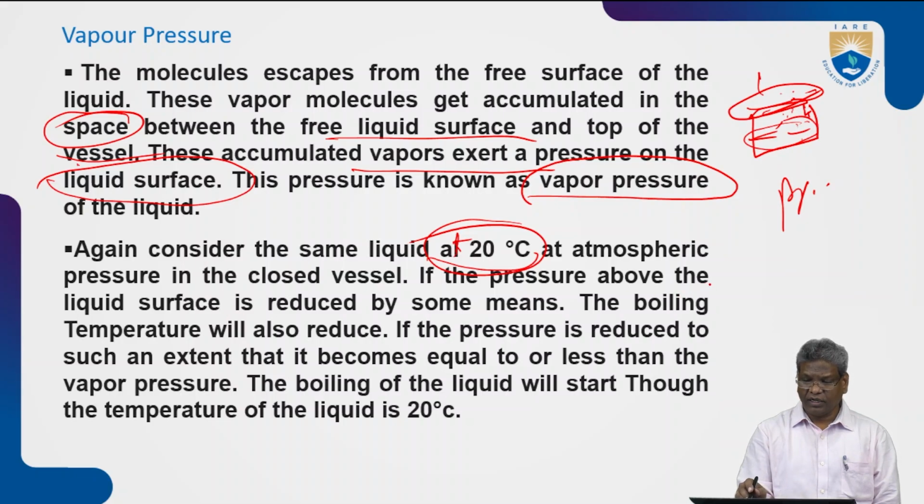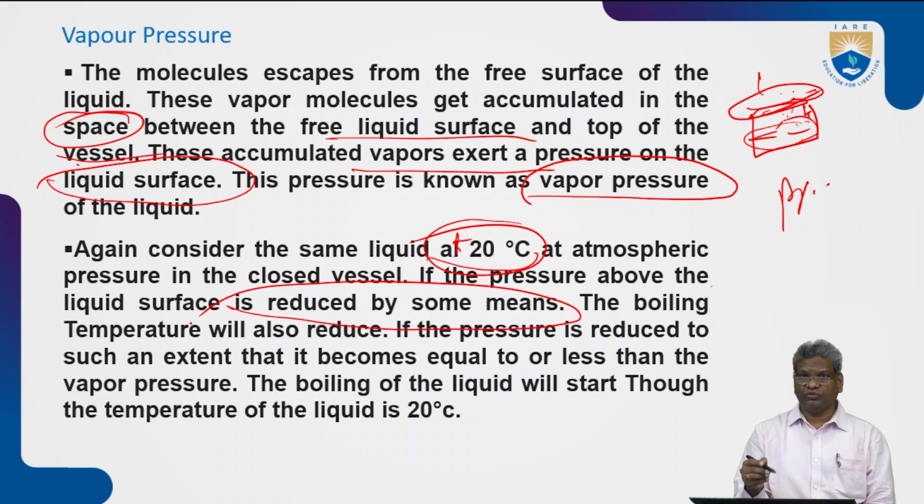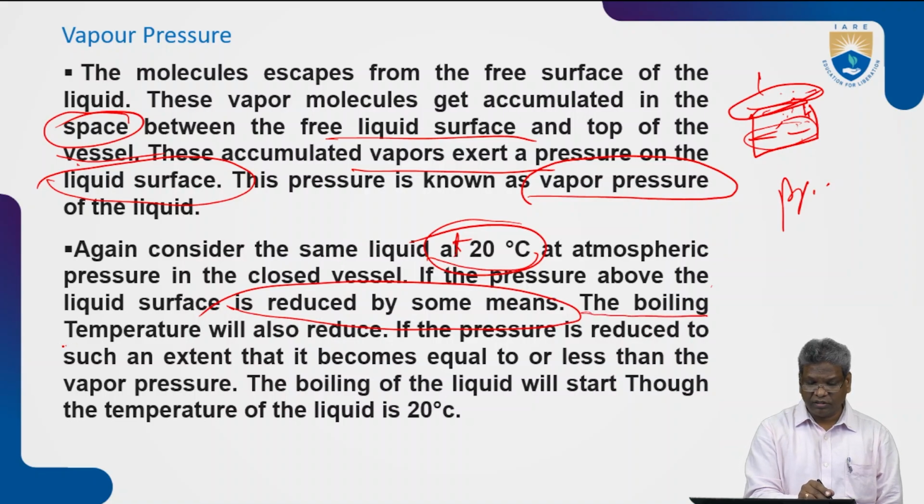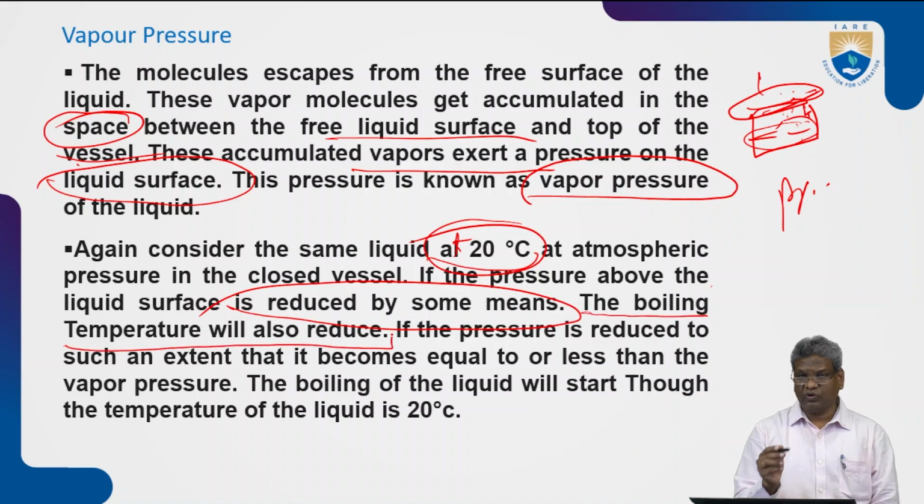If the pressure above the liquid surface, between the liquid surface and the top plate, is reduced by some means, the boiling point or the boiling temperature will also reduce.